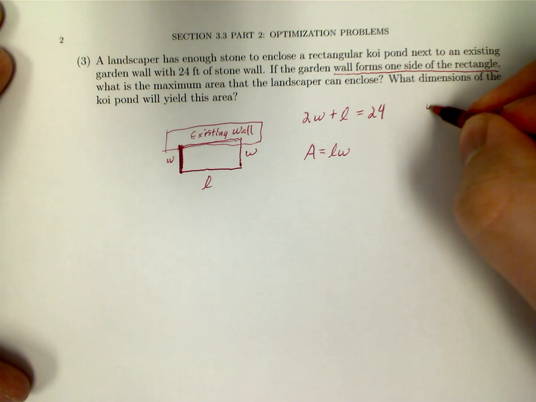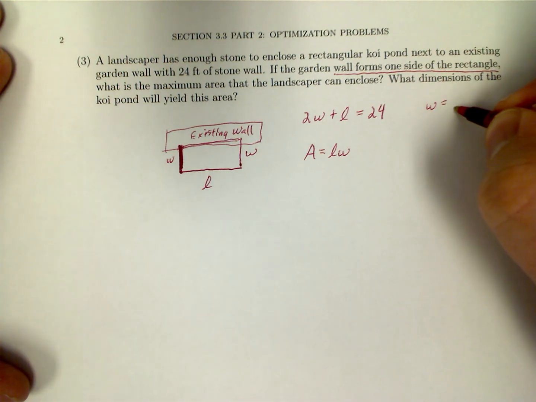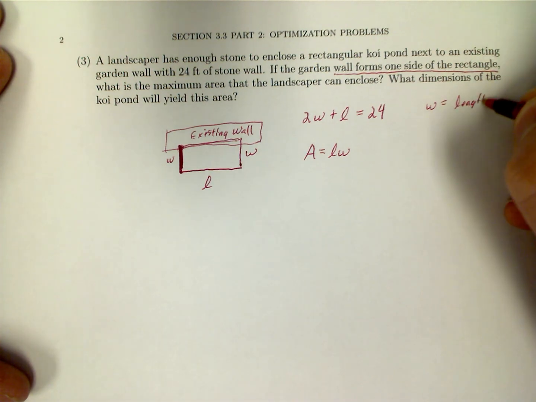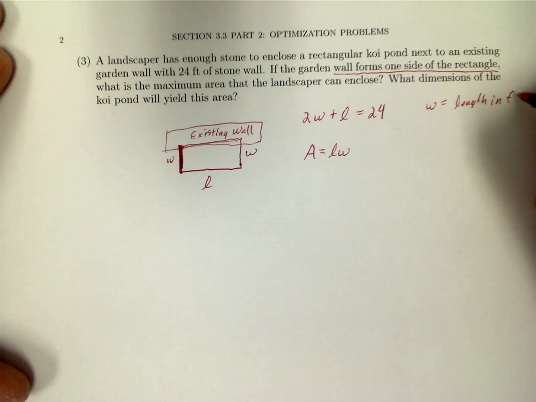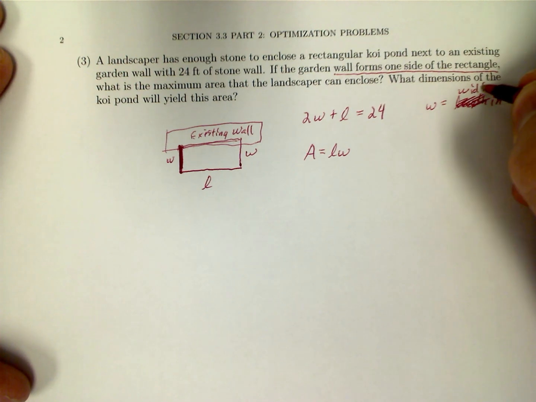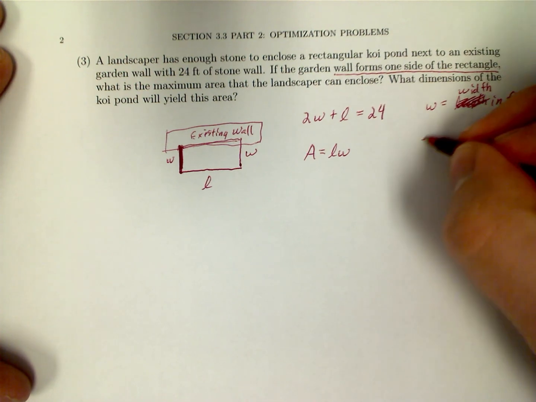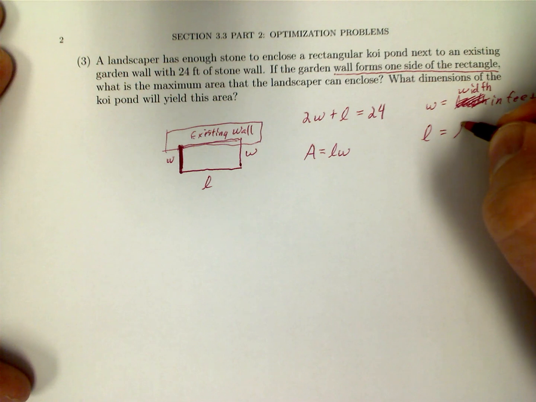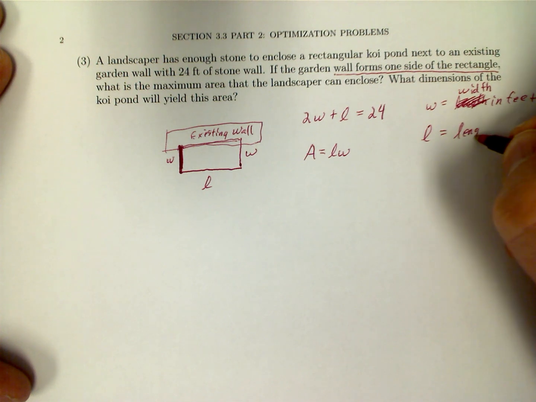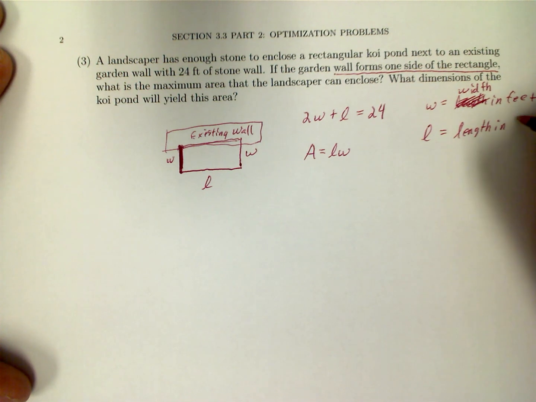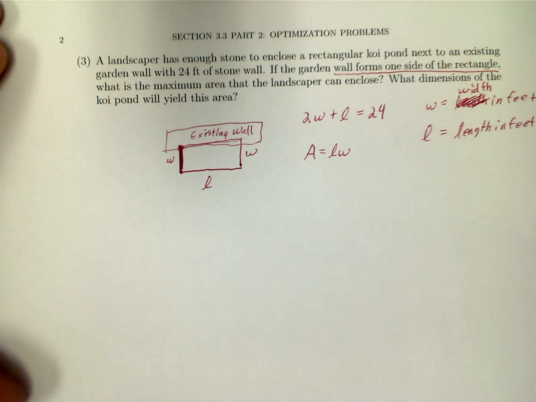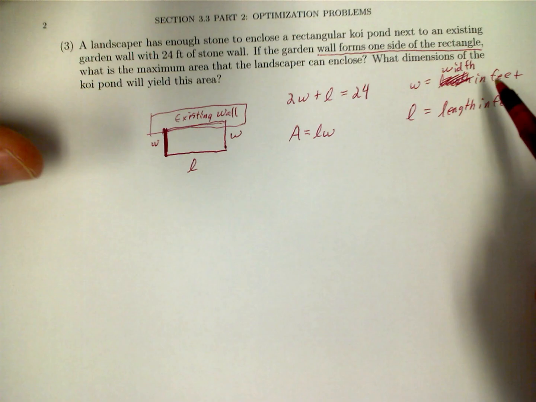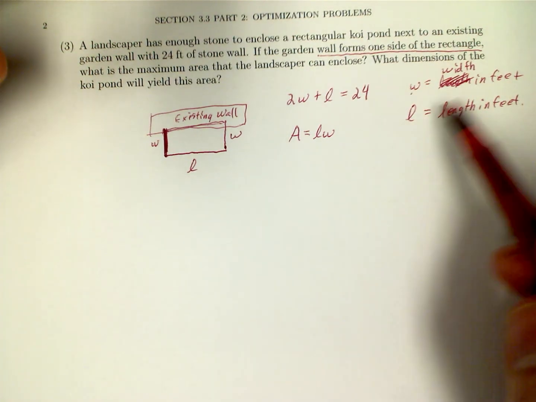Okay? So W is the width in feet, and L is the length in feet. So we've defined our variables.